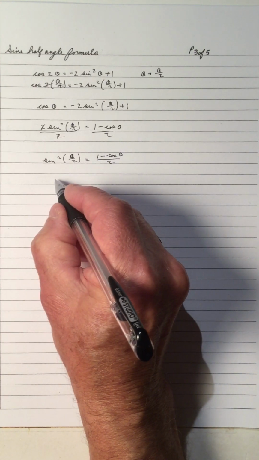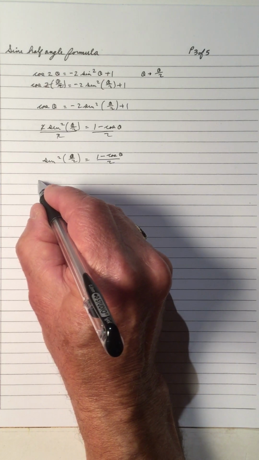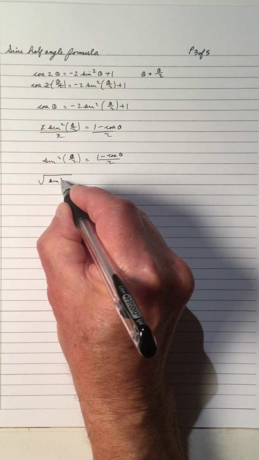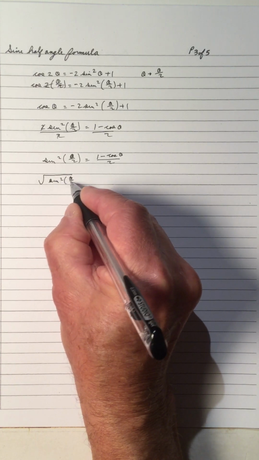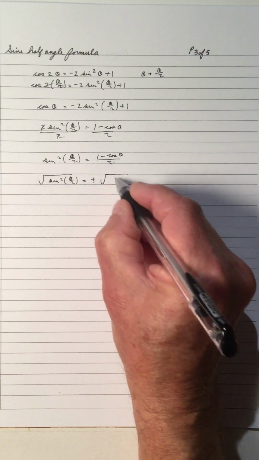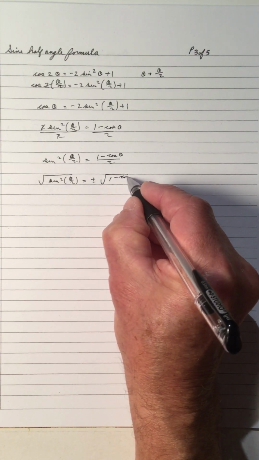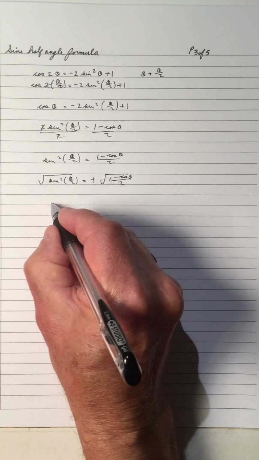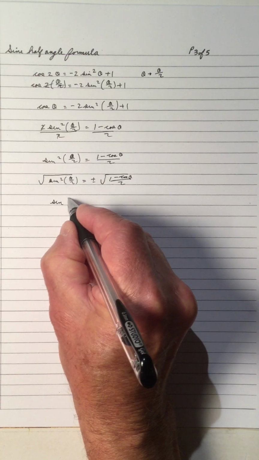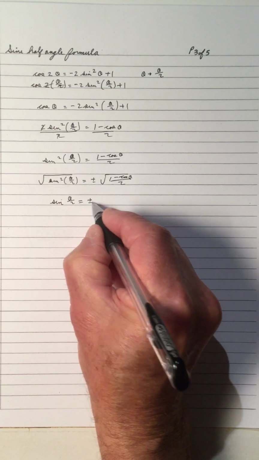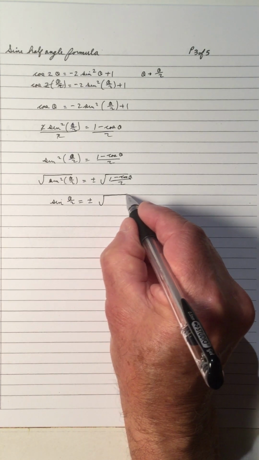And now we'll take the square root of each side. So sine theta over 2 equals plus or minus the square root of 1 minus cos theta over 2.